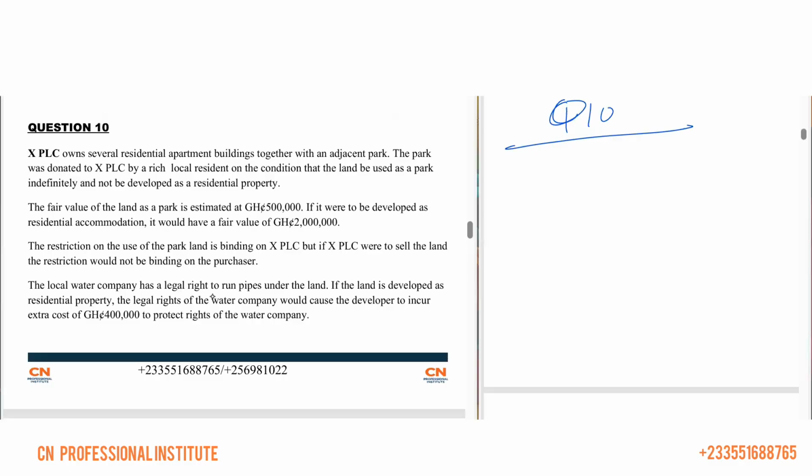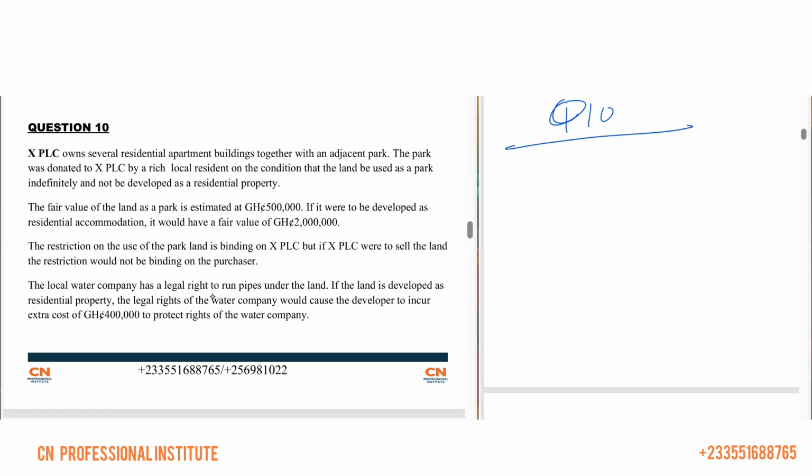X PLC owns several residential apartment buildings together with an adjacent park. The park was donated to X PLC by a rich local resident on the condition that the land be used as a park indefinitely and not be developed as a residential property.